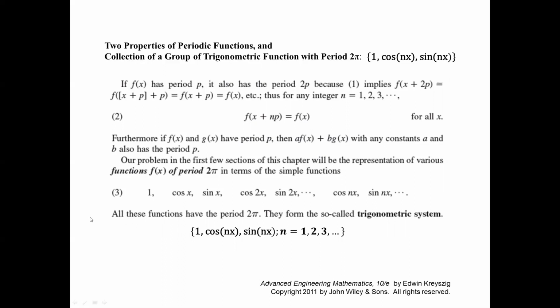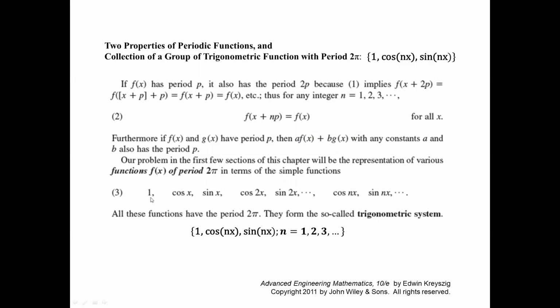In the third part, we have a special collection of functions involving the elements 1, cosine x, sine x, cosine 2x, sine 2x, etc. And a more compact way of presenting this group of functions is what I present here at the bottom.